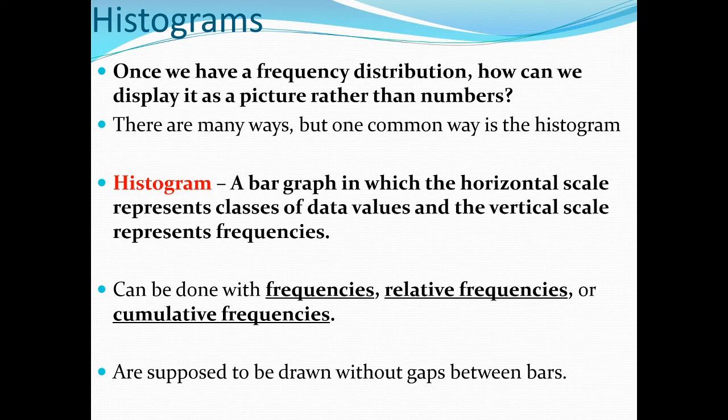So the y-axis is the frequency, the x-axis is the class limits, kind of, or actually the class boundaries, which we'll get into in a second. And again, this can be done with a normal frequency table. It can be done with a percent or relative frequency table or a cumulative frequency table. So any type of frequency table you have, you can do a histogram with. Cumulative is kind of weird because remember, cumulative is that rolling sum, so it's a little bit harder to deal with, but with some creative adjustments, you can make it work.